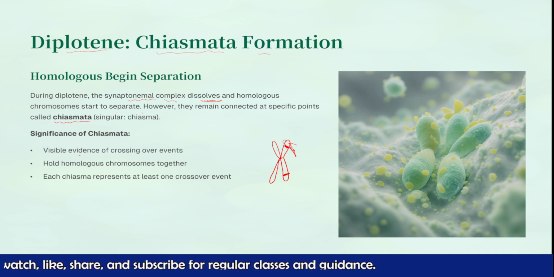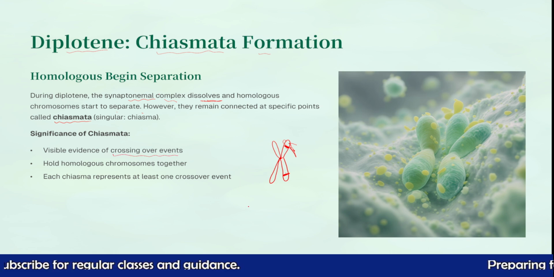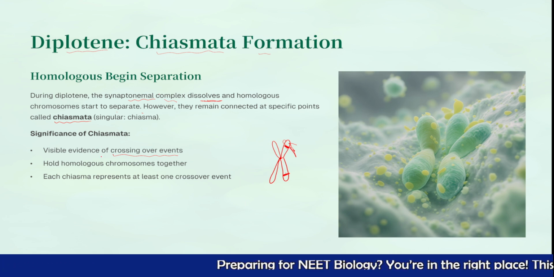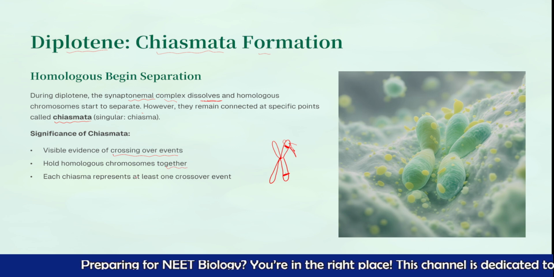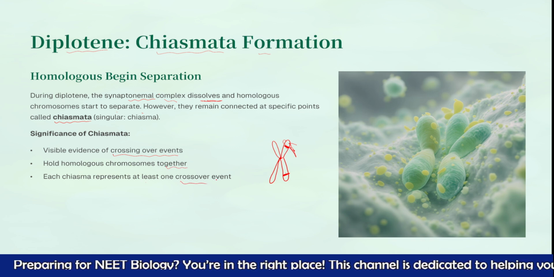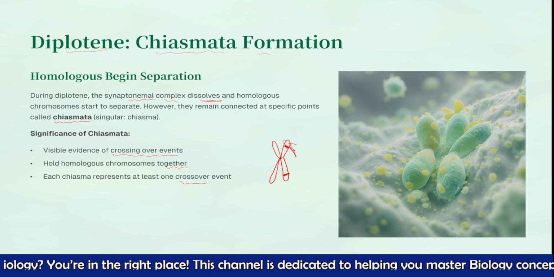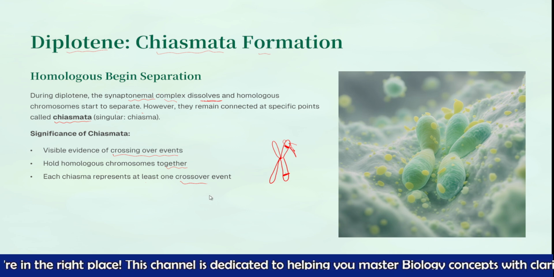So the chiasmata is the visible evidence of crossing over events. In a chromosome, if the chiasmata is there, then we can say that crossover already happened. It also holds the homologous chromosomes together, and each chiasma represents at least one crossover event. So here the key event, just remember the chiasmata.